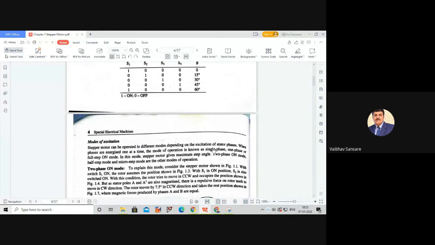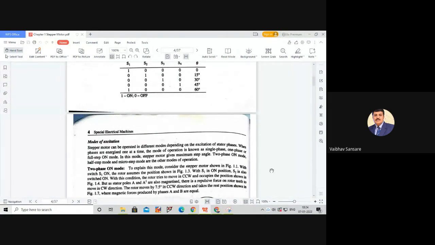When one phase is energized at one time, the mode of operation is generally known as single phase excitation mode, also known as one phase or full step on mode, which we discussed in the previous class. Either we can run the motor in counterclockwise or clockwise direction with a step angle of 15 degrees.